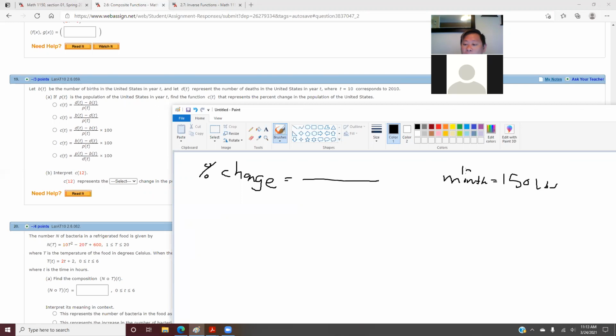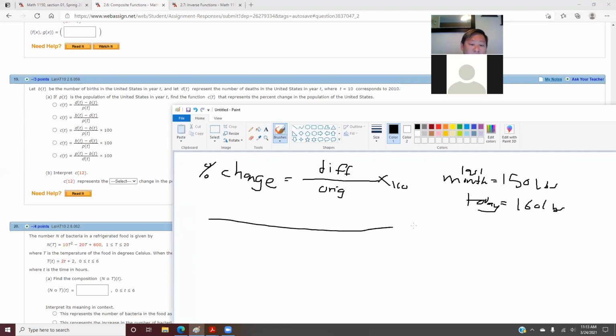And then today you weigh yourself and it is 160 pounds. In order for us to find the percent change, the percent change is always the difference between these two over its original amount times 100%.